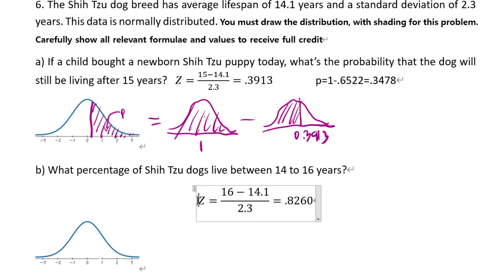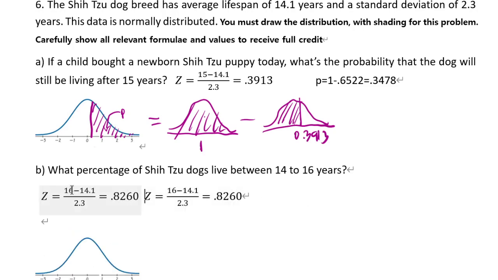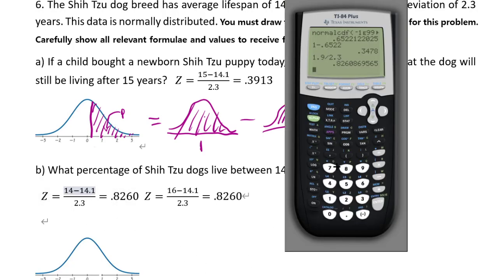Also, the z-score for 14 would be negative 0.1 divided by 2.3, so it would be negative 0.0435.